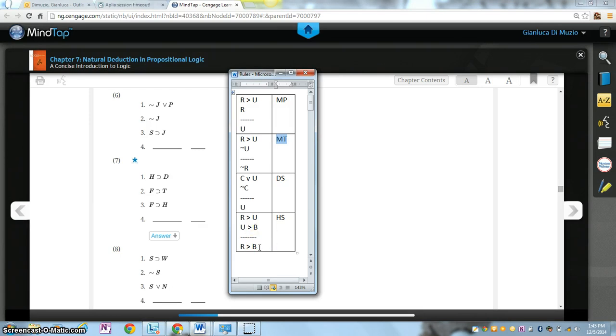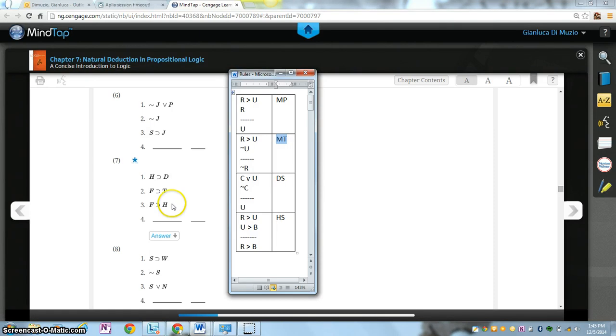With hypothetical syllogism, you have to have a conditional and then another conditional where the antecedent of that conditional is the same as the consequent of the other. And if you look over here, you should be able, just by looking around, to see that there are 2 conditionals, there are 2 lines here that fit that pattern.